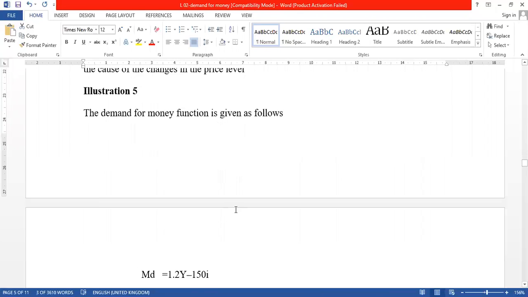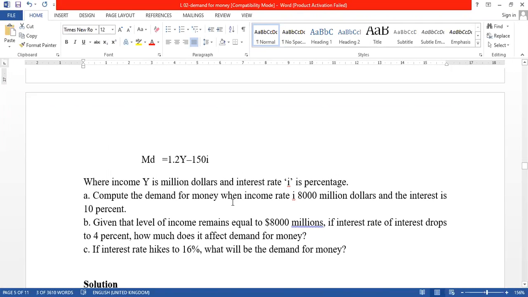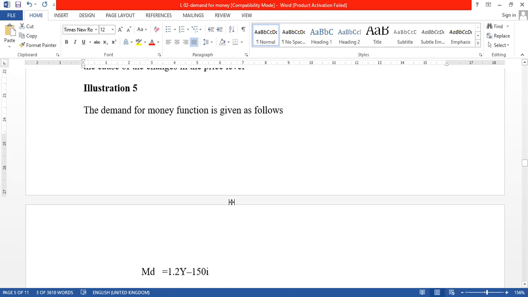Simply put, this is illustration number 3. Can we write this illustration very fast because of the limitation of our Zoom time?